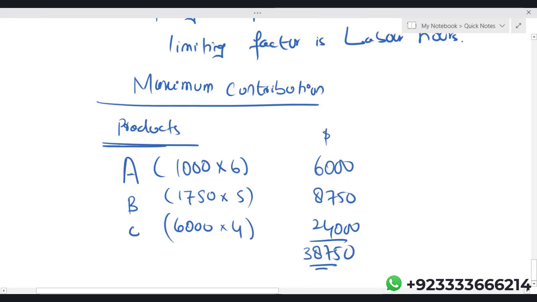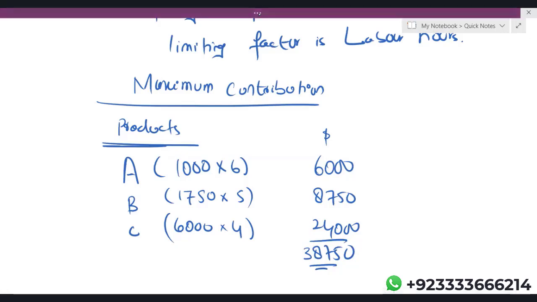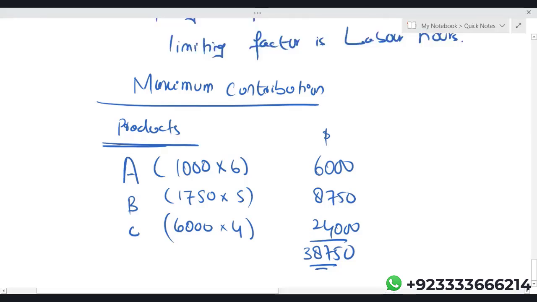Students, please, when we are just calculating the maximum contribution, I've just written ABC. Do not get confused with this. Why? Ranking is already decided, and the units have been calculated. Why did I take 1,000 units? Because of the policy.